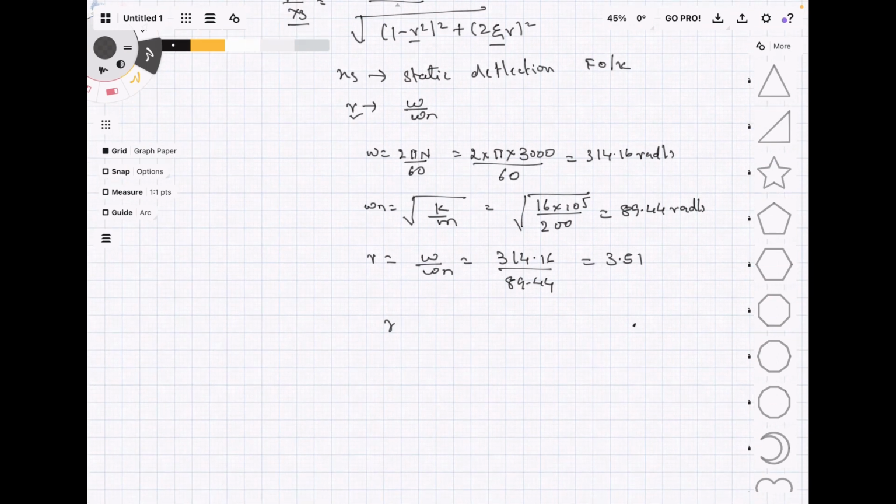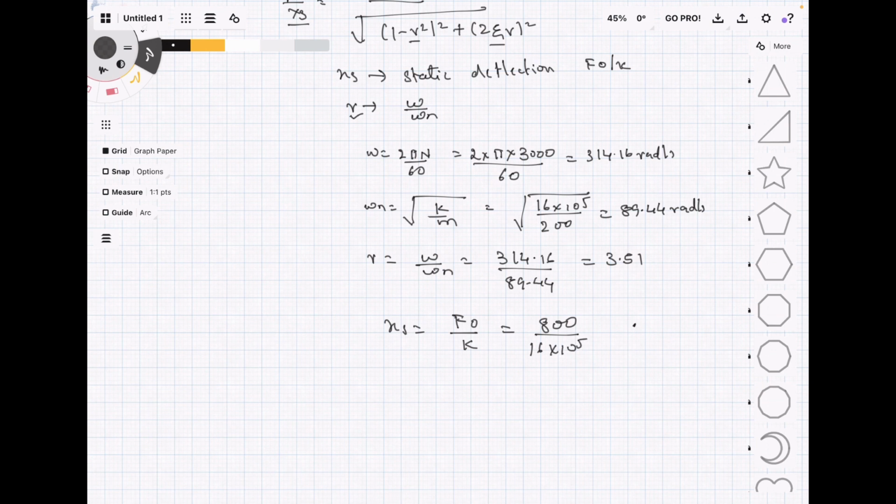Xs, we have already discussed, is the static deflection, which is given as f naught by k. If I just substitute here, F naught is the force which is being given as 800 Newton. K is nothing but 16 into 10 to the power 5.